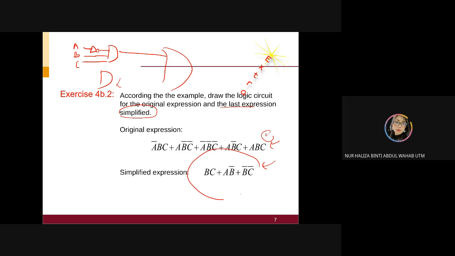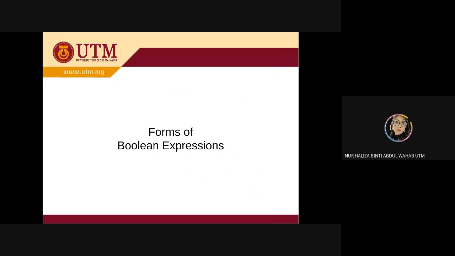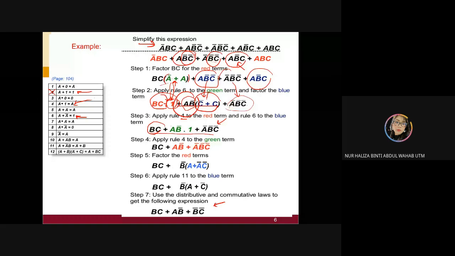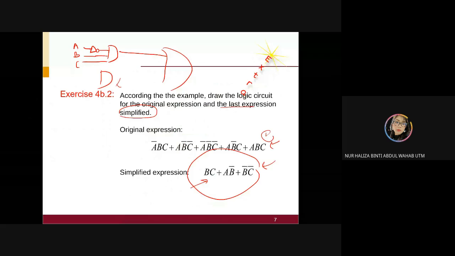And after you simplify, you will draw the simplified version of your circuit. So this one also, how to draw, it's not very hard for you. So, any question related to simplification and then drawing the circuit, it's all okay, right?